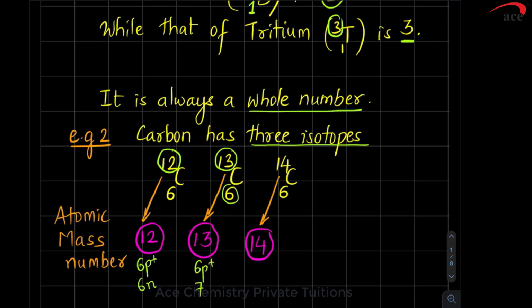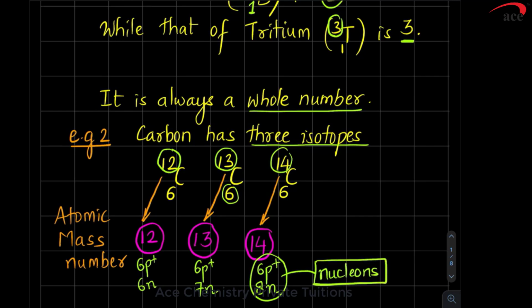And you know there are 6 protons and 7 neutrons. For the next one, it is 14. And you are aware, 6 protons and 8 neutrons. Right, additional information, protons and neutrons both lie inside the nucleus. So they are also popularly called nucleons.